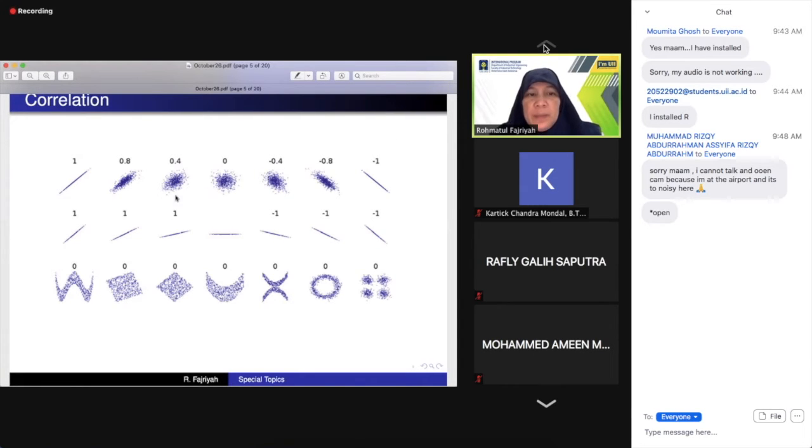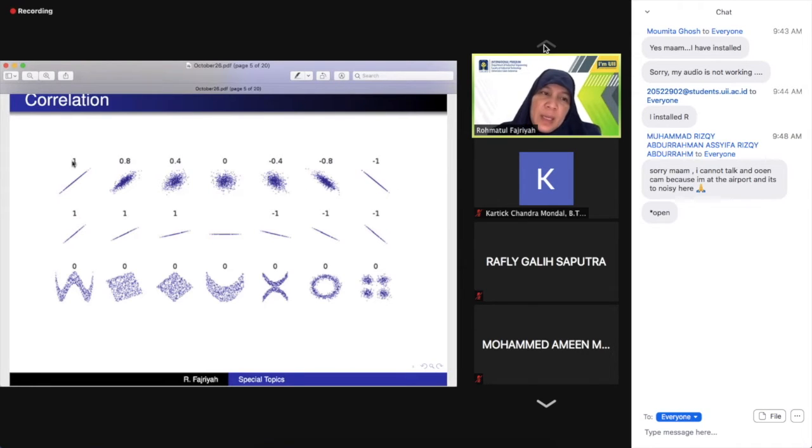Okay, if it is 0.4 or 0, and then if it is minus 0.4 or minus 0.8 or minus 1, we have this one, which is the first condition of the first three pictures. Okay, so this one is tending to the right side, and the last one is tending to the left side.